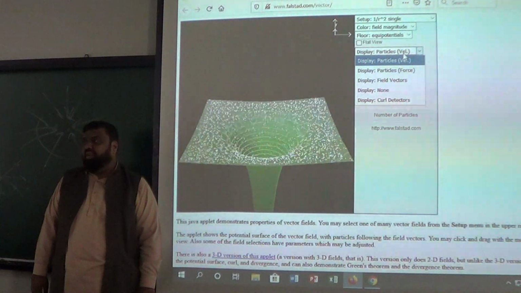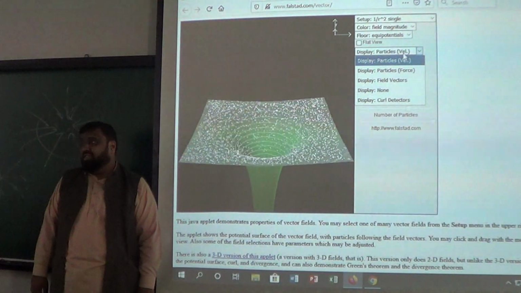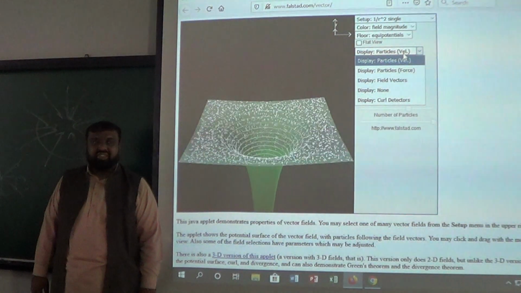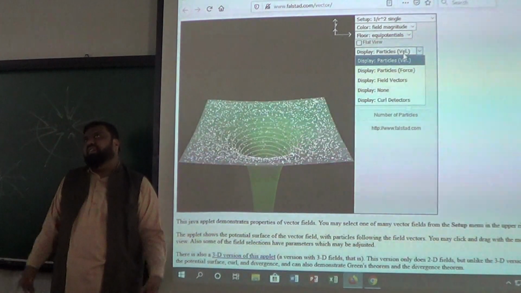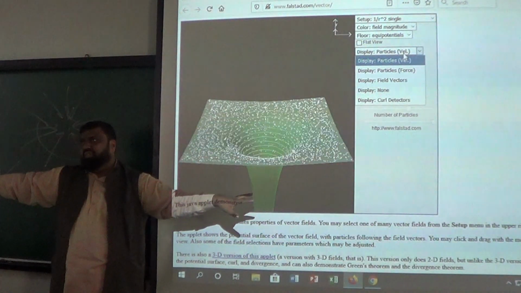Your F equals ma doesn't explain it. Even Einstein's equations don't explain why this is happening. So the galaxies are going away from each other.